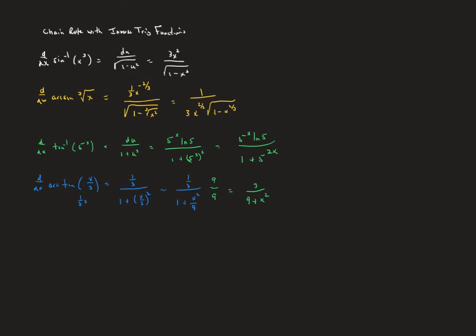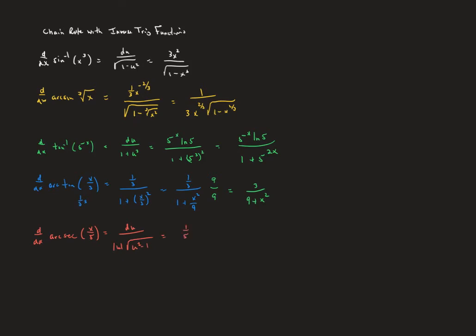Let's do the derivative of, let's say, d dx, and let's do arc secant of x over 5. Okay, so this, remember now, is going to be du over the absolute value of u times the square root of u squared minus 1.